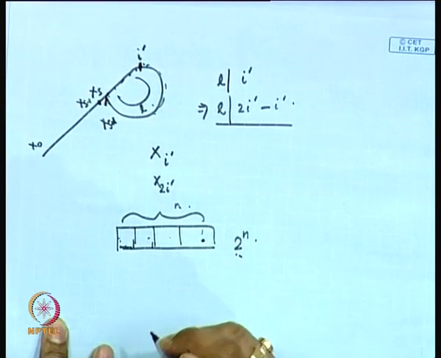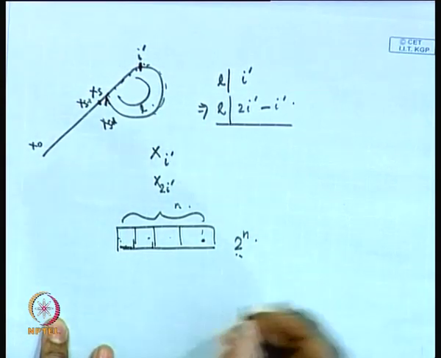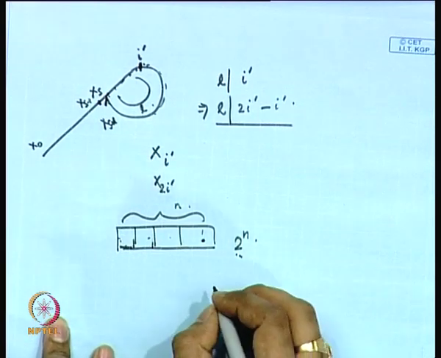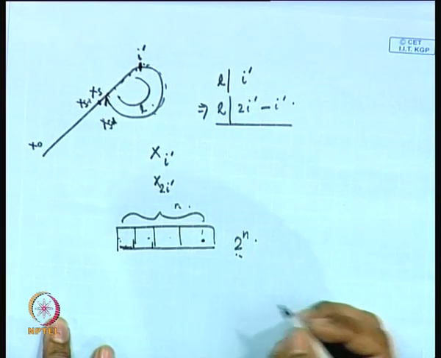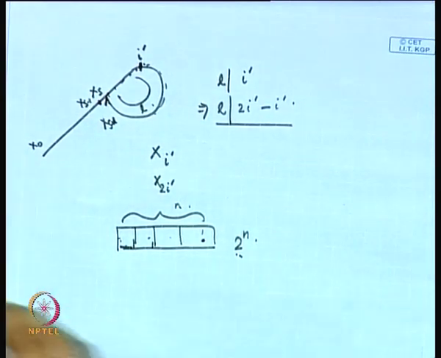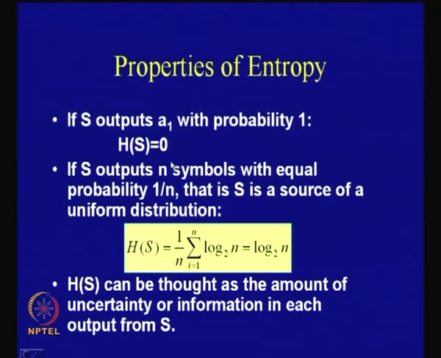If we think of the previous example, if S outputs a1 with a probability of 1, that means there is no information and no uncertainty, so the uncertainty is 0. But here the uncertainty is logarithm n base 2.